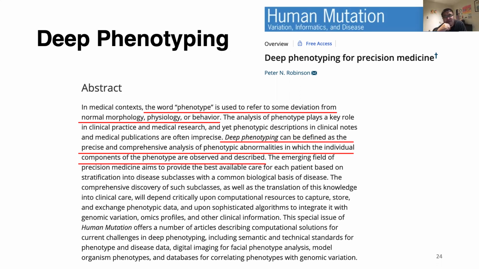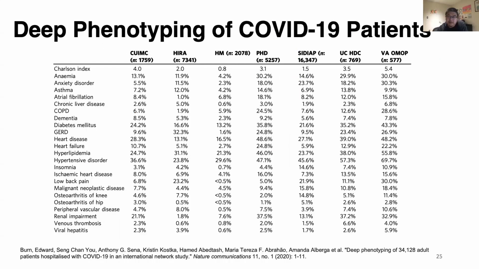So with the identification of the subphenotypes or deep phenotypes, we hope to understand the disease better so that we can develop targeted treatment or management plans for patients with distinct clinical or phenotypical characteristics.